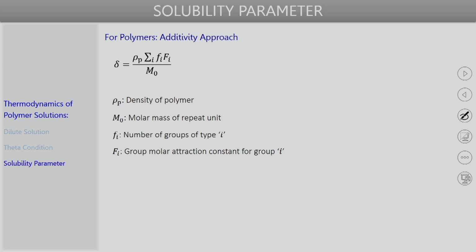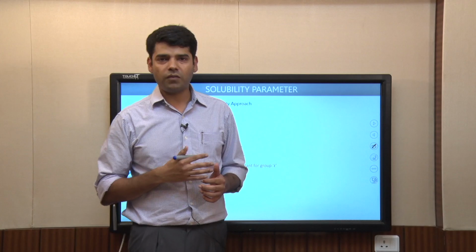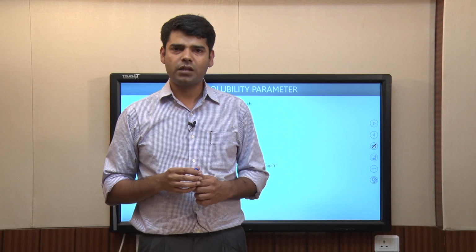The definition that we just discussed for the solubility parameter involves the molar volume as well as the enthalpy of vaporization. For liquids consisting of simple molecules, the enthalpy of vaporization is readily measurable. For simple solvents like acetone, ethanol or toluene, it is well known and widely reported in handbooks.